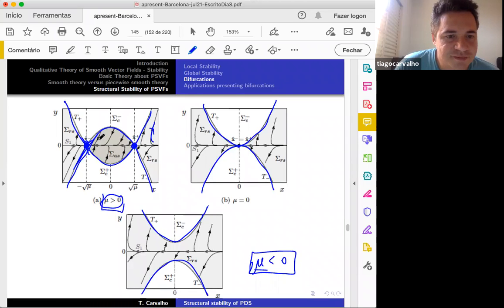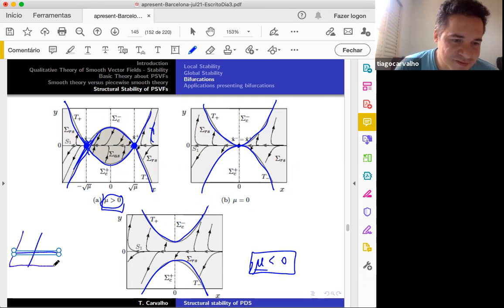Just like I told you in the last talk, in every singularity the region sigma is separated into four regions, where, for example, we have a crossing region, a sliding region, and an escaping region.